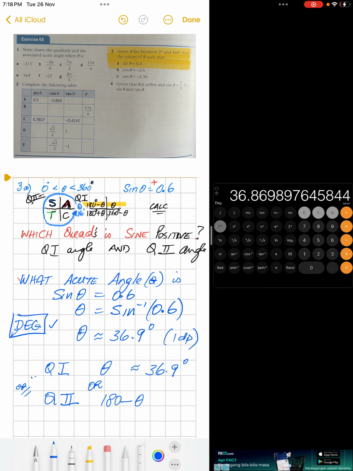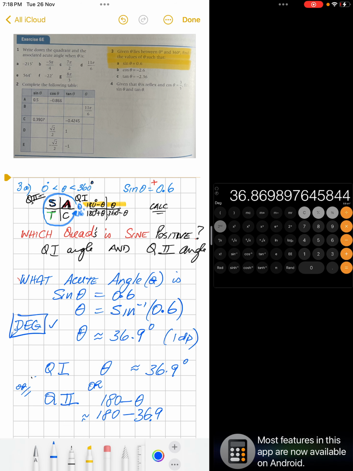Or theta could be 180 minus 36.9 degrees. And what is that? I'm lazy. 180 minus 36.9 degrees is 143.1 degrees. And there it is, our two answers.